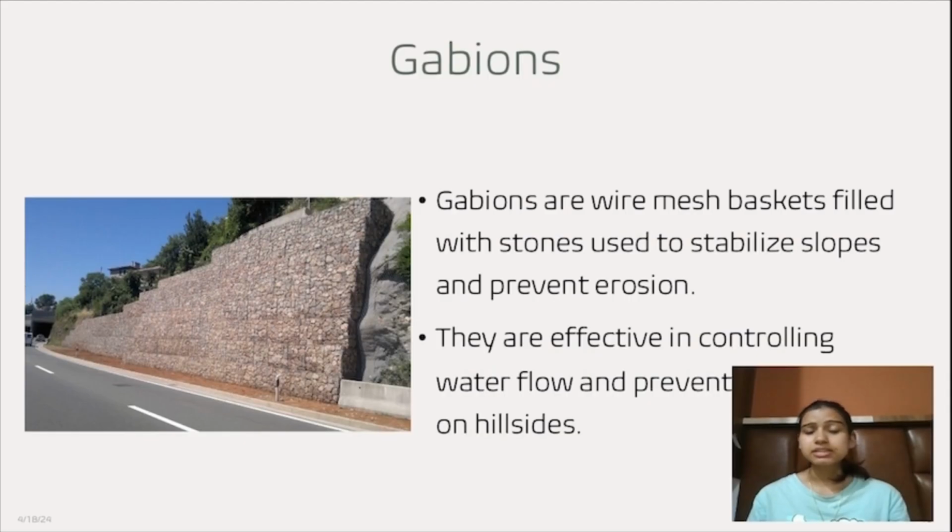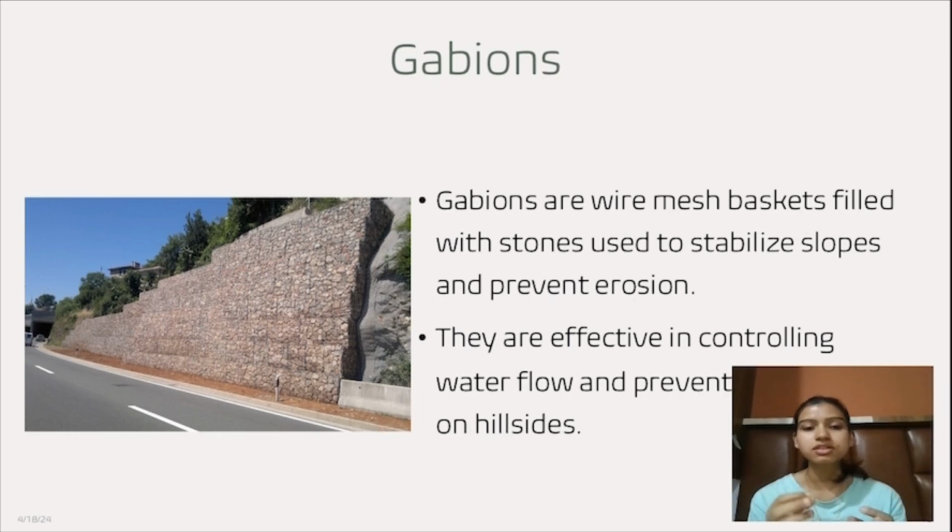Next is gabions. What are gabions? As you can see in the picture, a rock wall kind of structure is made. Gabions are wire mesh baskets filled with stones, used to stabilize slopes and prevent erosion. They are effective in controlling water flow and preventing soil loss on hillsides.